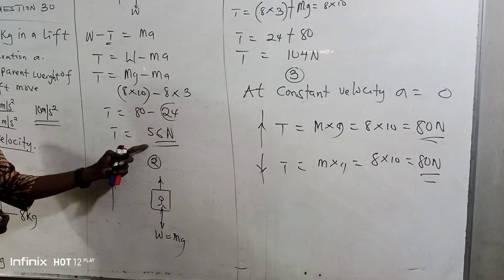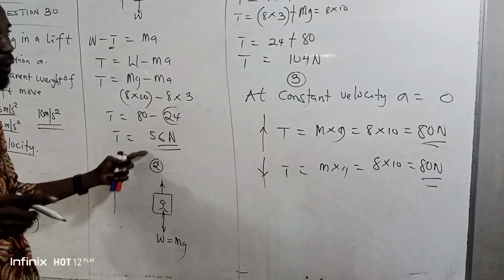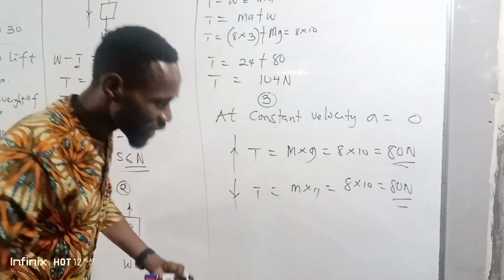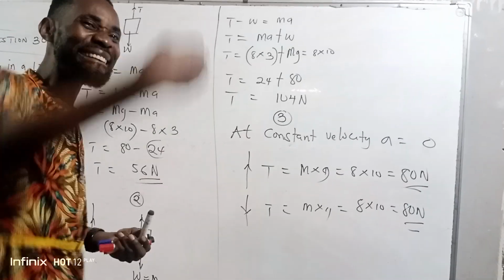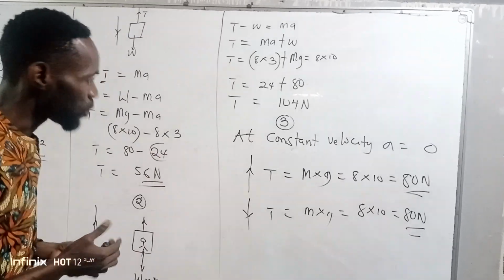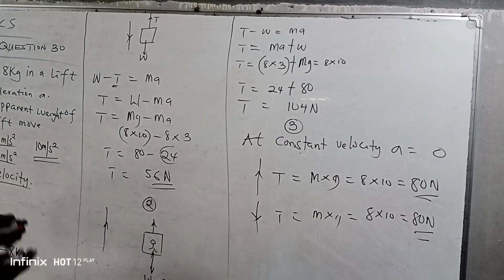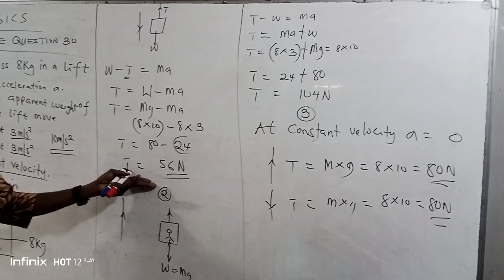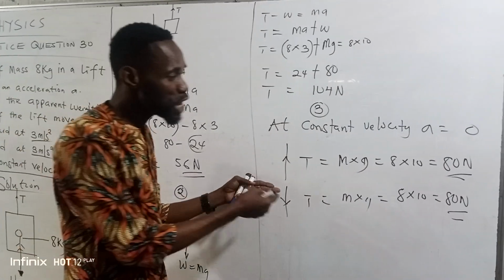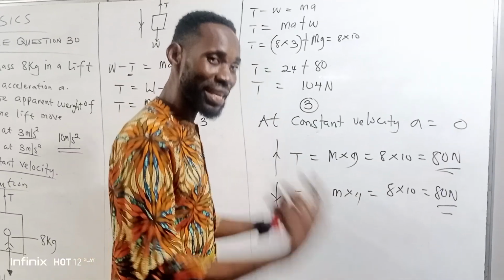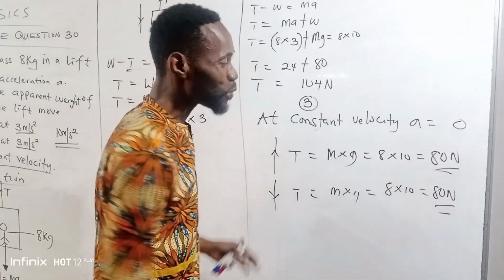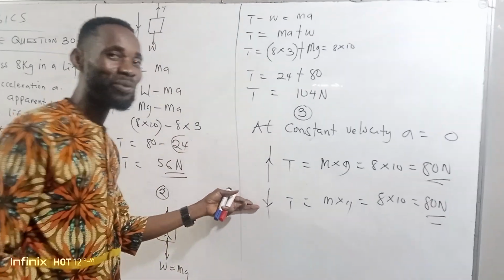It becomes 56 Newton. So therefore, in a lift motion, when a body accelerates upward, there is an increase in the weight of the individual. When it is coming down, there is a decrease in the weight of the individual. But if the lift moves at constant velocity, then the weight of the individual remains the same.